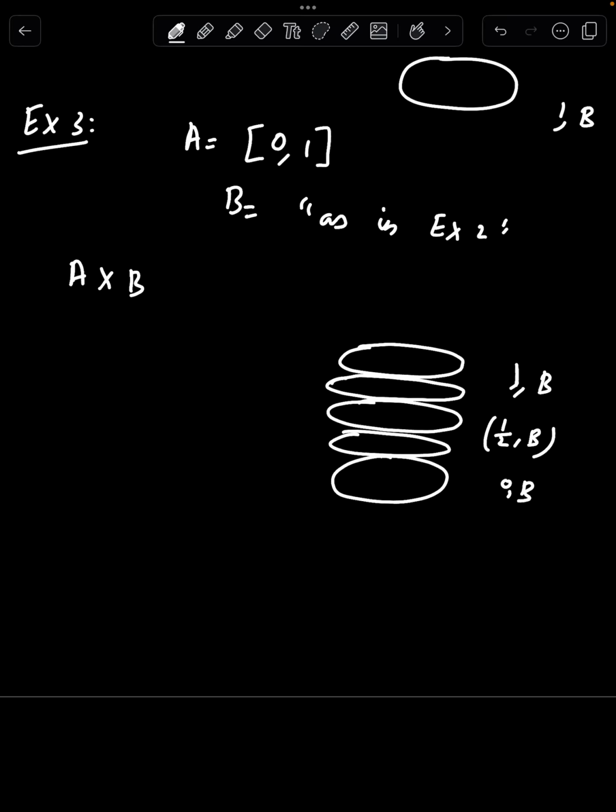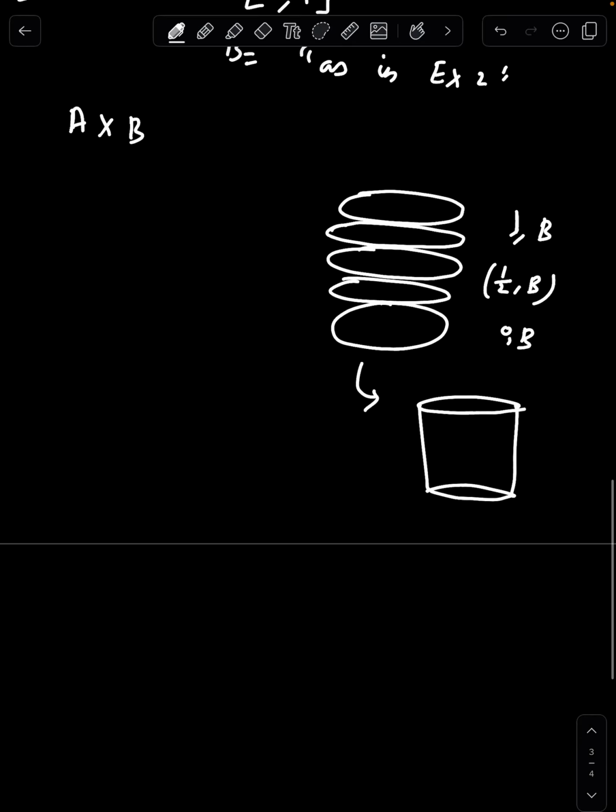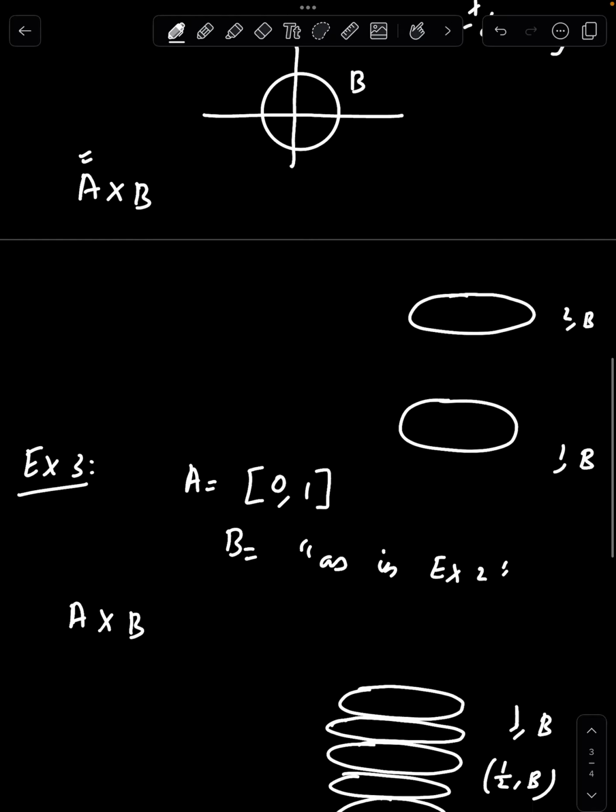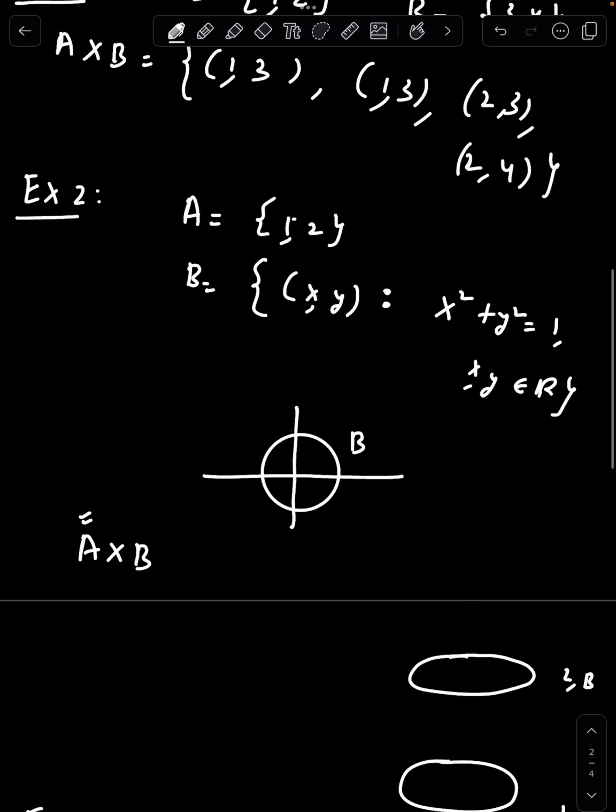And what does this give you? This gives you a cylinder. Okay. So these are some of the examples of geometric representation of A cross B.